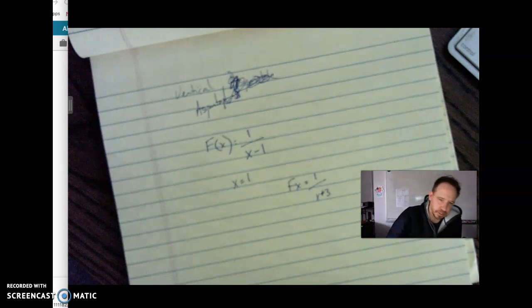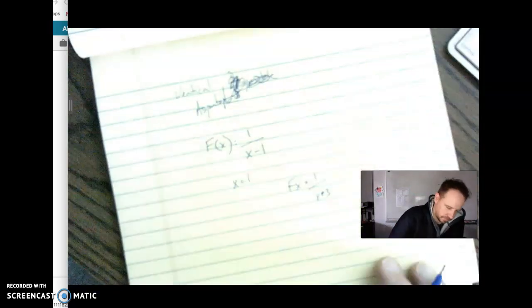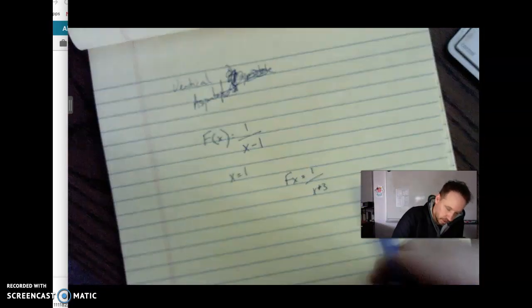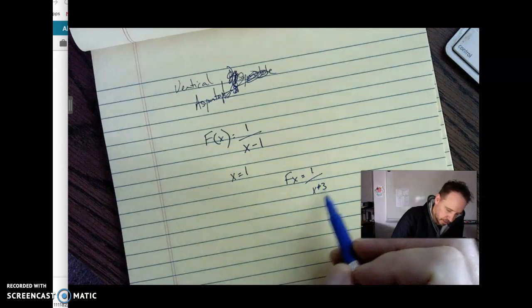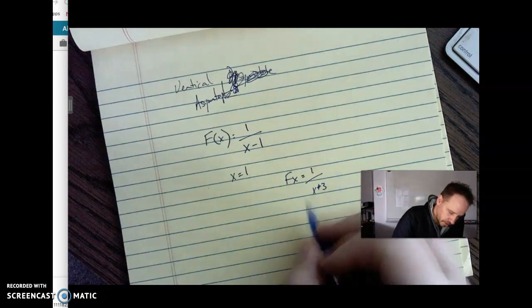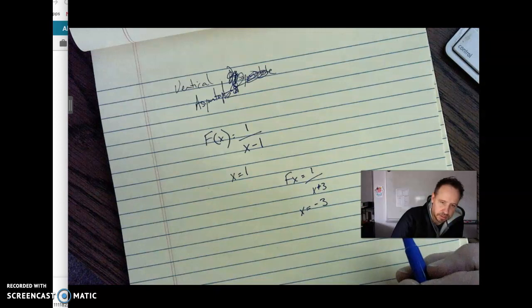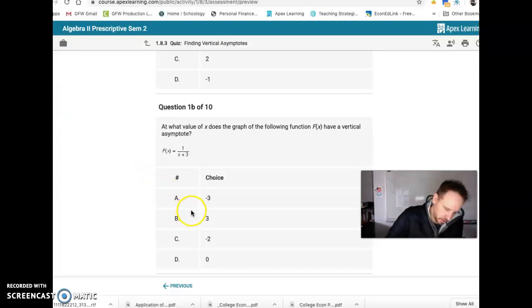We got to get this to 0. So really easy. We can see if x is equal to negative 3, negative 3 plus 3 is going to give you a denominator of 0. So come here, and yeah, sure enough, we've got negative 3.